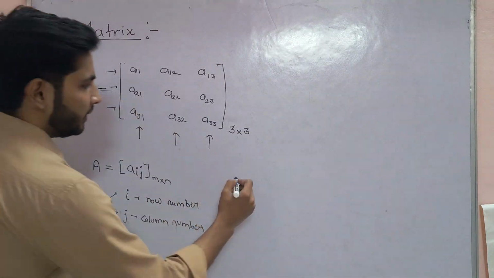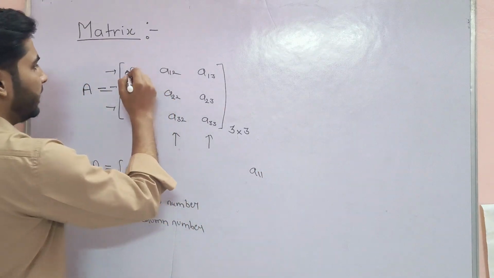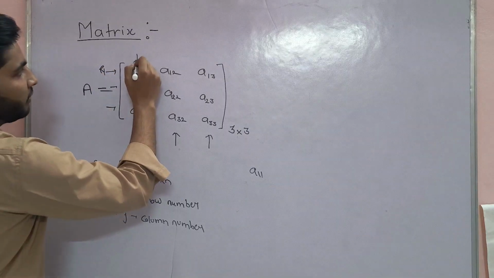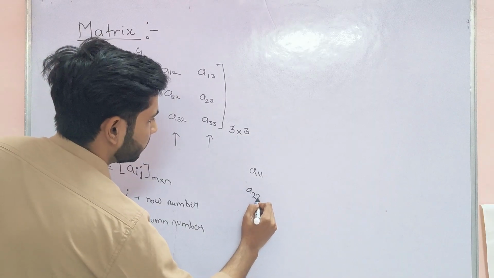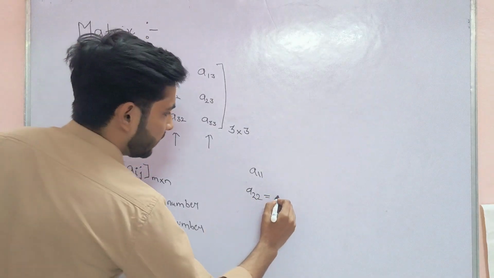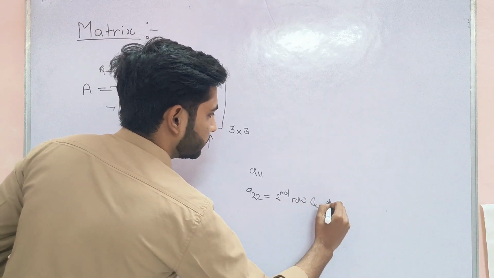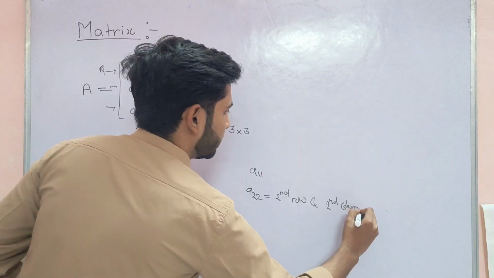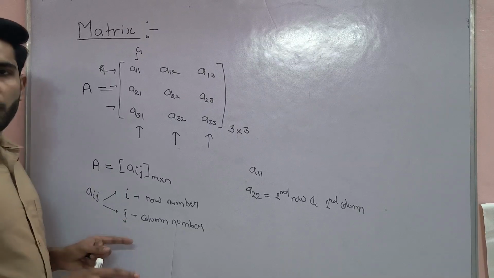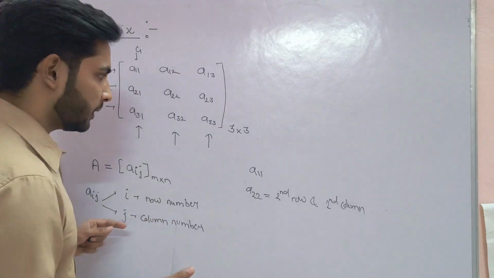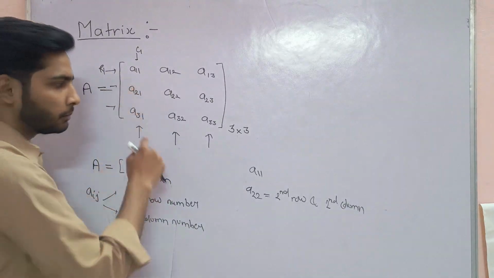So if I take this element A11, why do we call this A11? Because it is present in first row and first column. Why do we call this A22? Because it is present in second row and second column. So Aij represents in which row and column the particular element is present. As I said earlier, A11 is present in first row and first column.